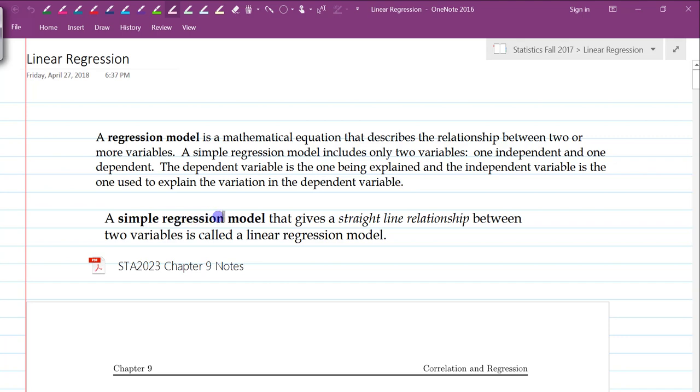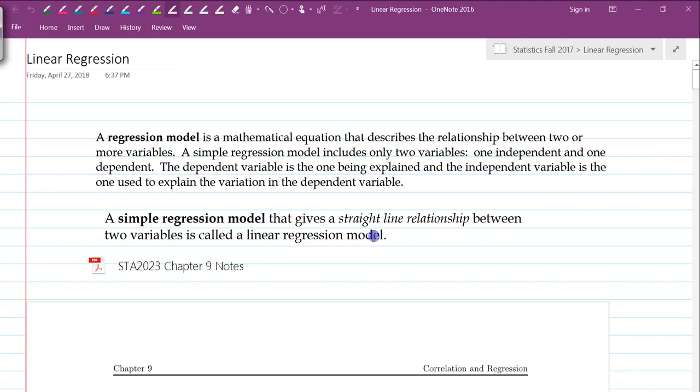A simple regression model that gives a straight line relationship between two variables is called a linear regression model. This is the specific type of model that we're going to be discussing in class.